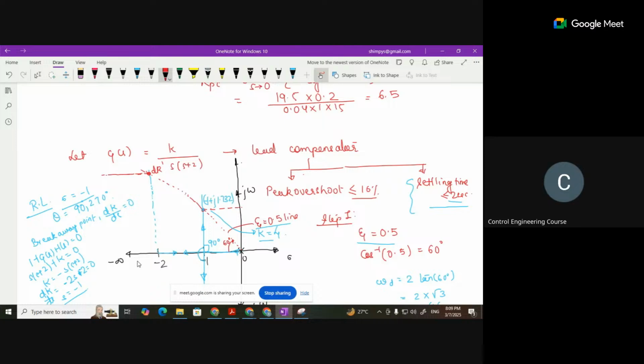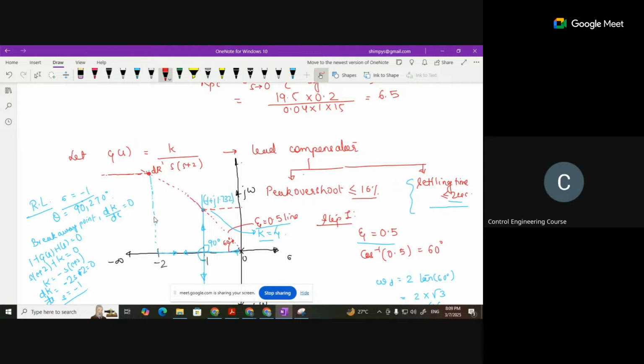At this point, we have to find out the sum of angles from poles, and we have to do it using the geometrical concept for the graph.